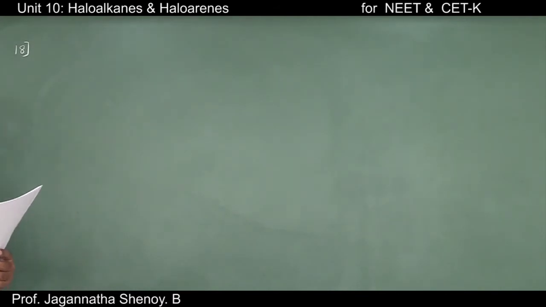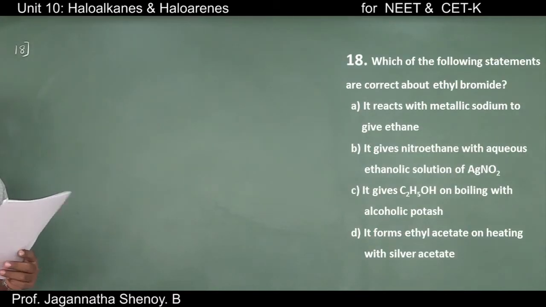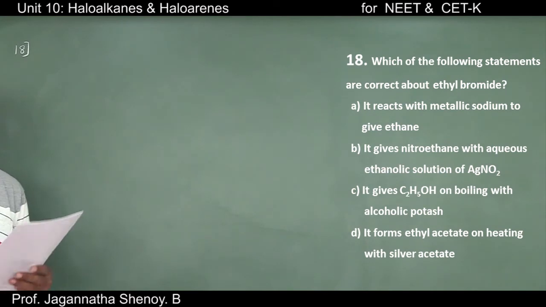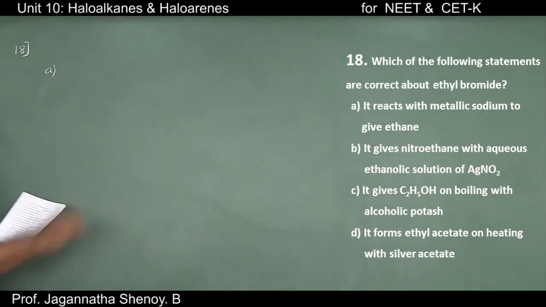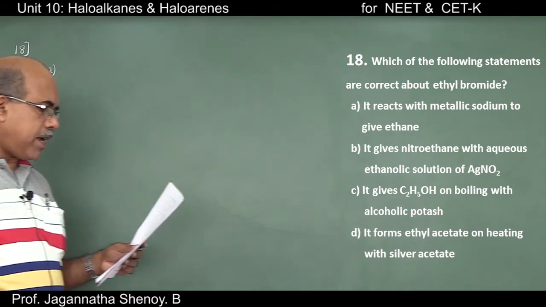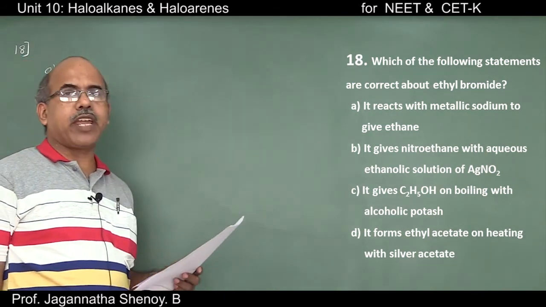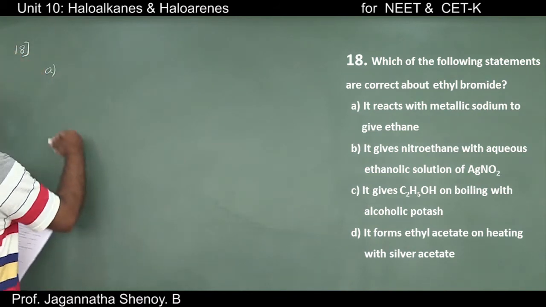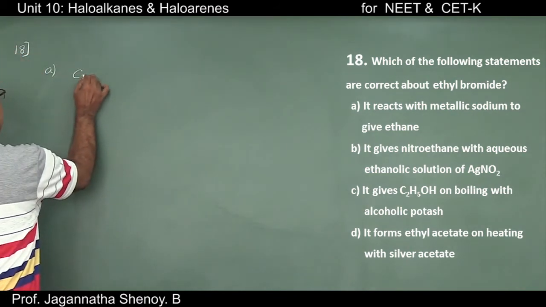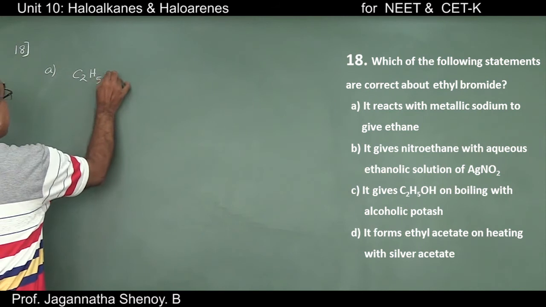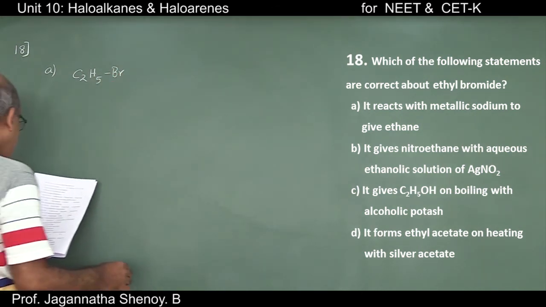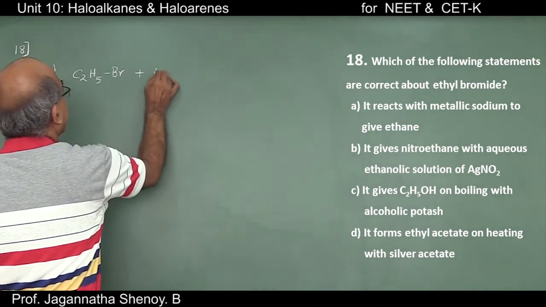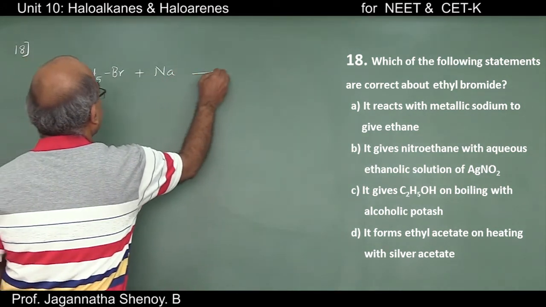Next. Which of the following statements are correct about ethyl bromide? Let us read out the statements one by one. It reacts with metallic sodium to give ethane. Just check. You have ethyl bromide C2H5Br. What is mentioned? It reacts with sodium metal, right?